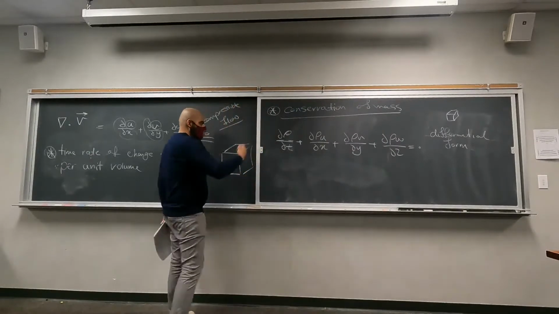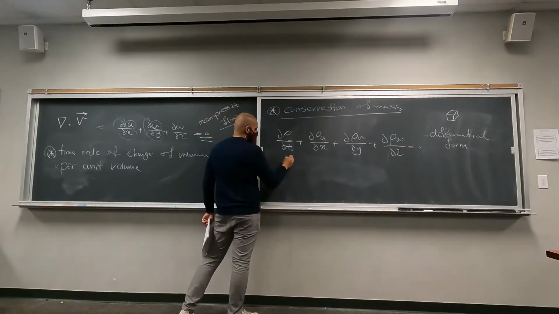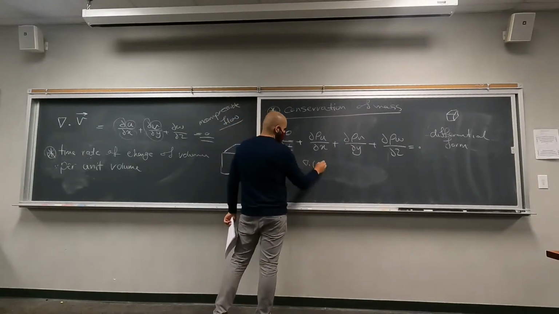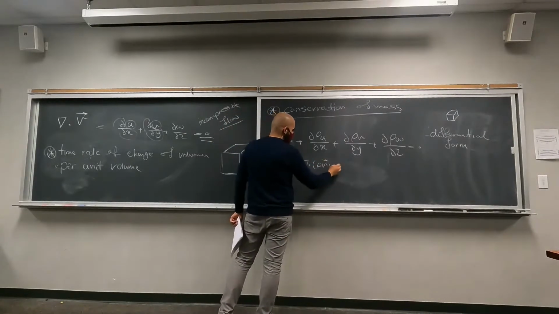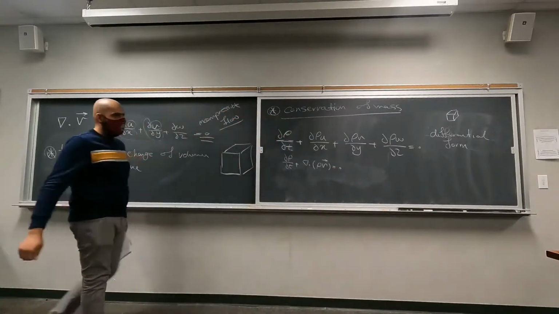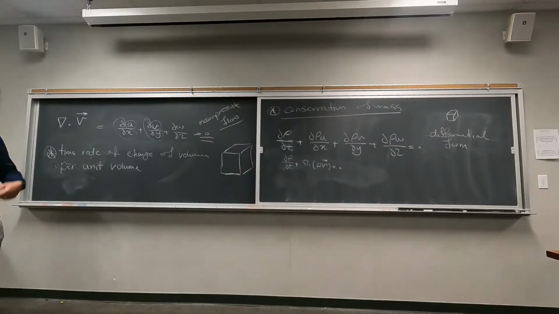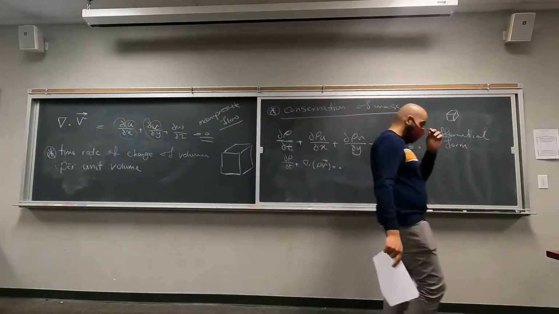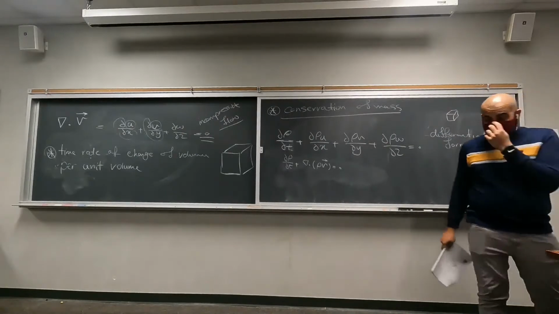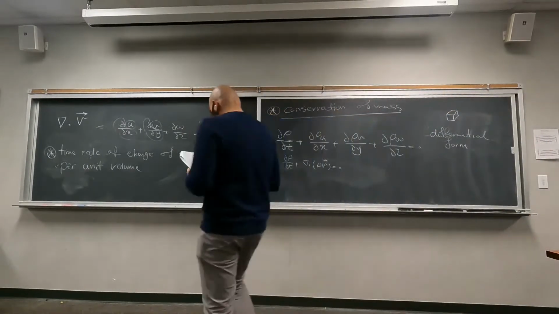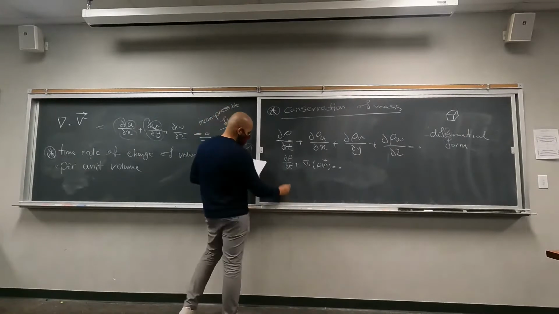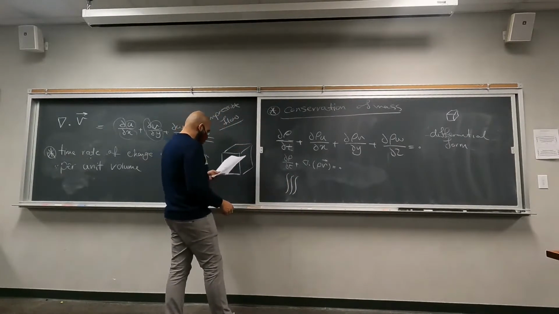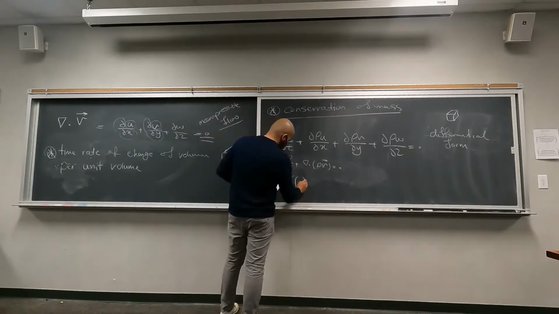We can rewrite this differential form using different notations. Using the del operator, we can rewrite it as well. We actually have an integral form of this equation, which hopefully you have seen in your fluid mechanics. I'm hoping. You don't need to memorize any of these forms of the equation. I'm just going to write them down.